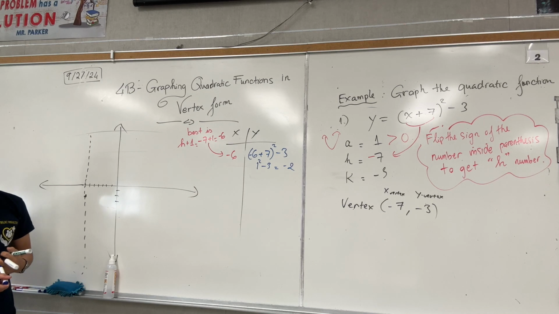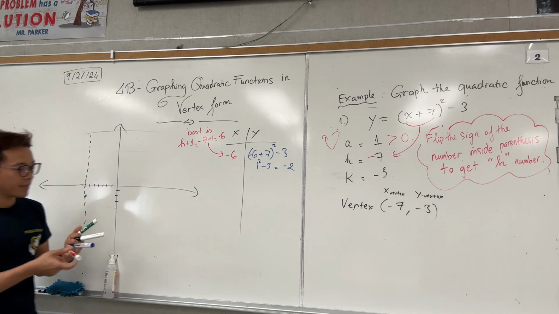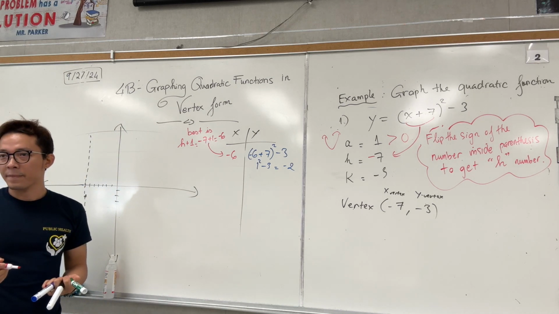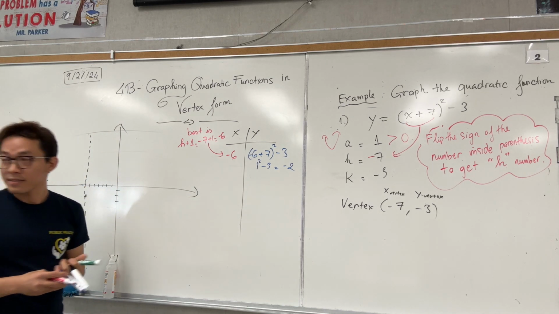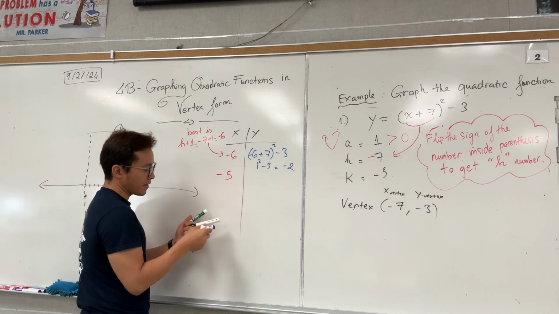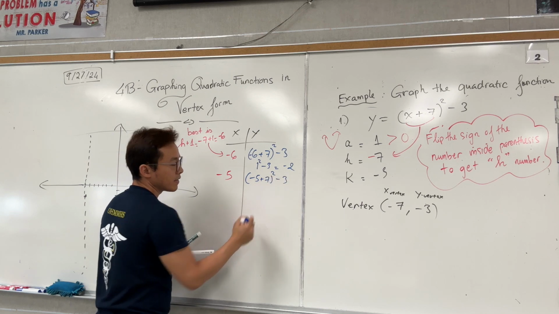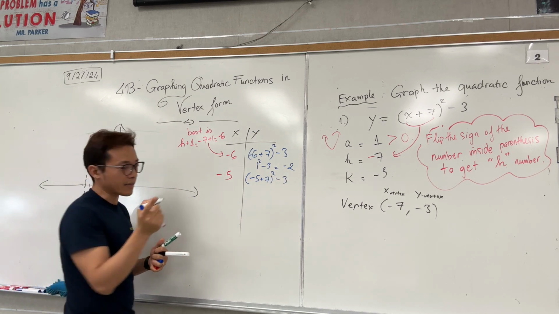Well, you can use 1 point or you can use 2 points. I recommend 2 points, but if you want, you can just use 1 point. What is the next best one if you want to choose another one? -5. Yeah, that's good. You said that, Nico, right? So let's give Nico 1 point.